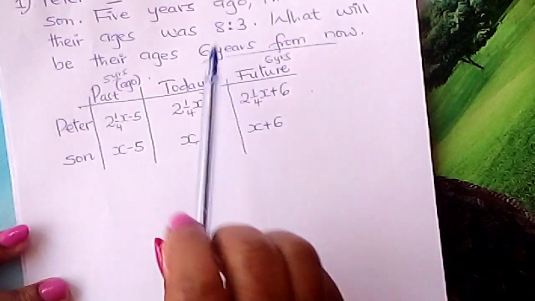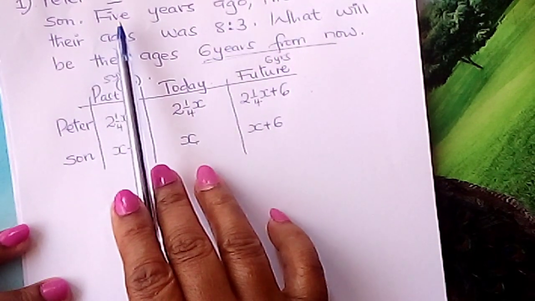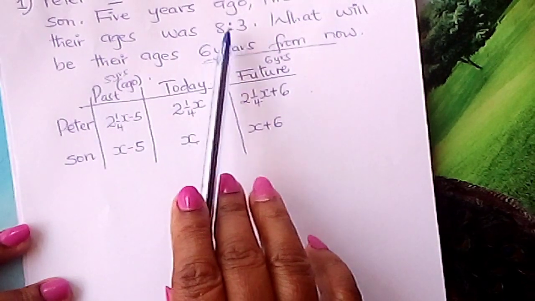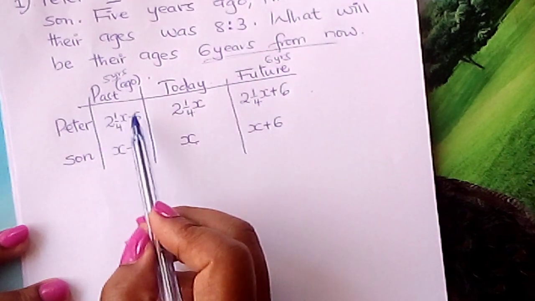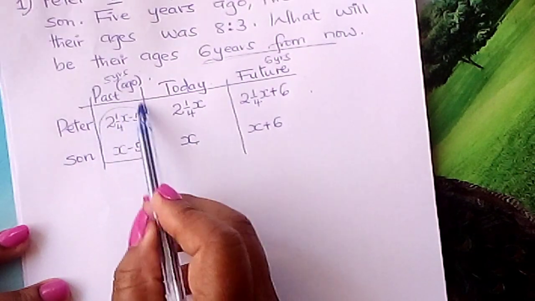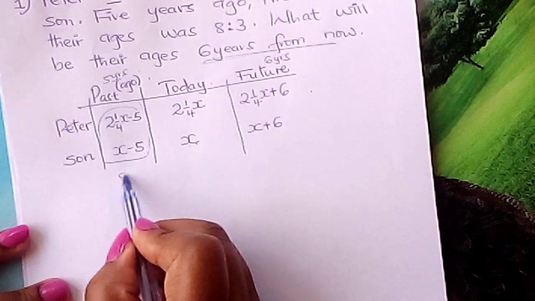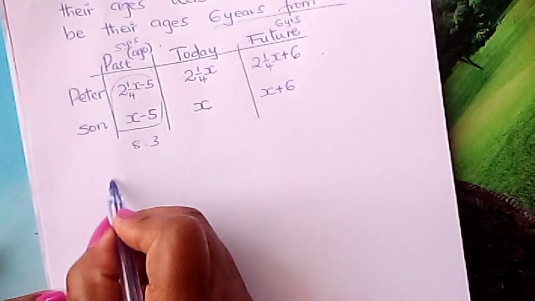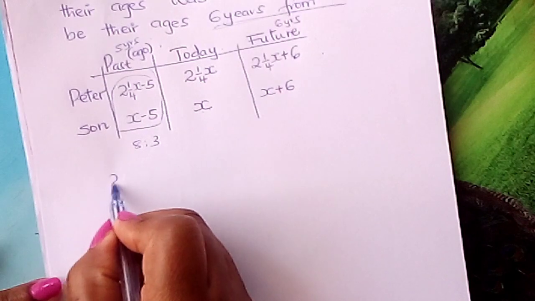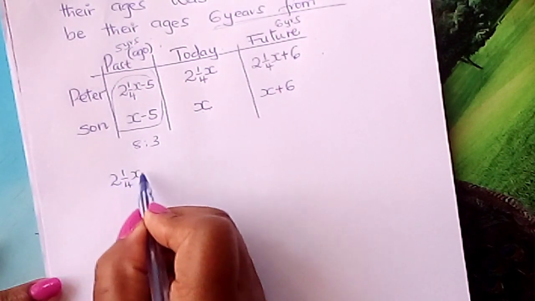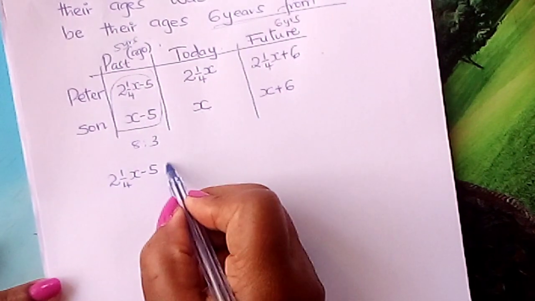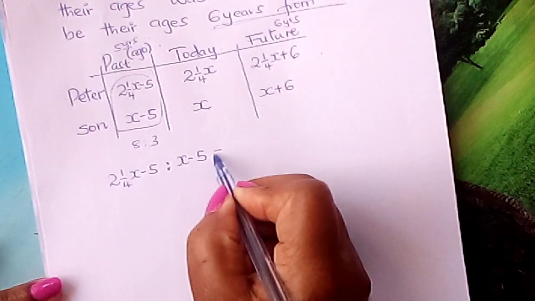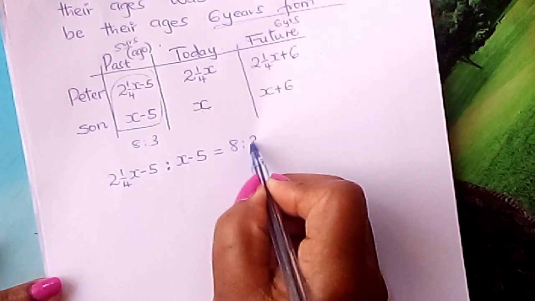From there, we go back to the second sentence now. 5 years ago, the ratio of their ages was 8:3. So in other words, learner, 5 years ago, you write the father's age over the son's age is equal to 8:3.